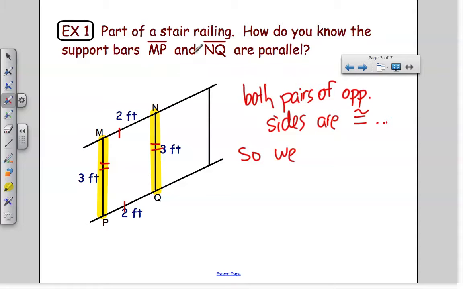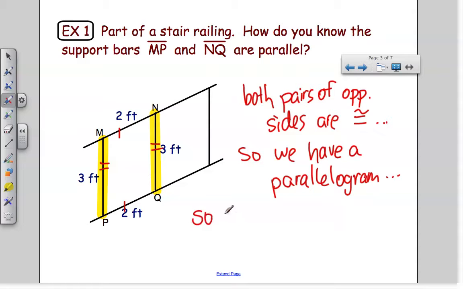Remember, we're ultimately trying to show that those are parallel. And if we have a parallelogram, then by definition, the opposite sides have to be parallel. So opposite sides MP and NQ, the ones they wanted to show, are parallel.